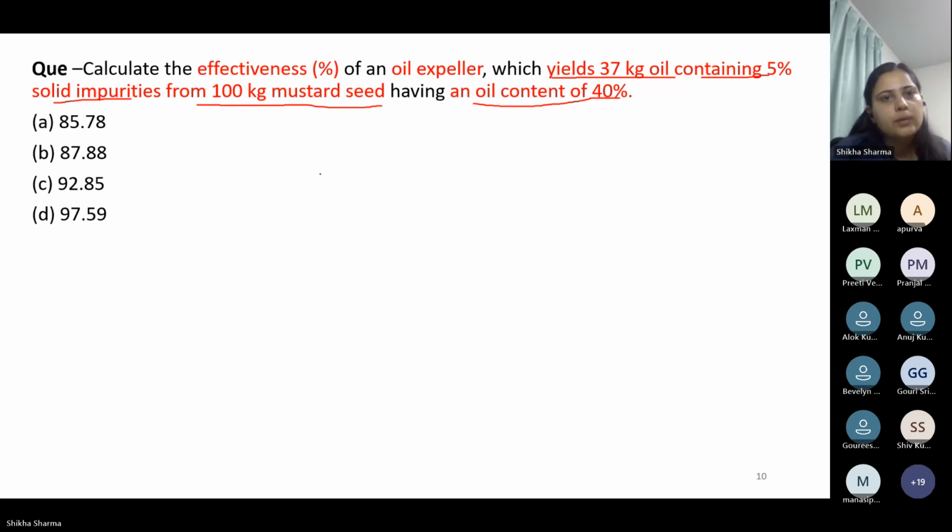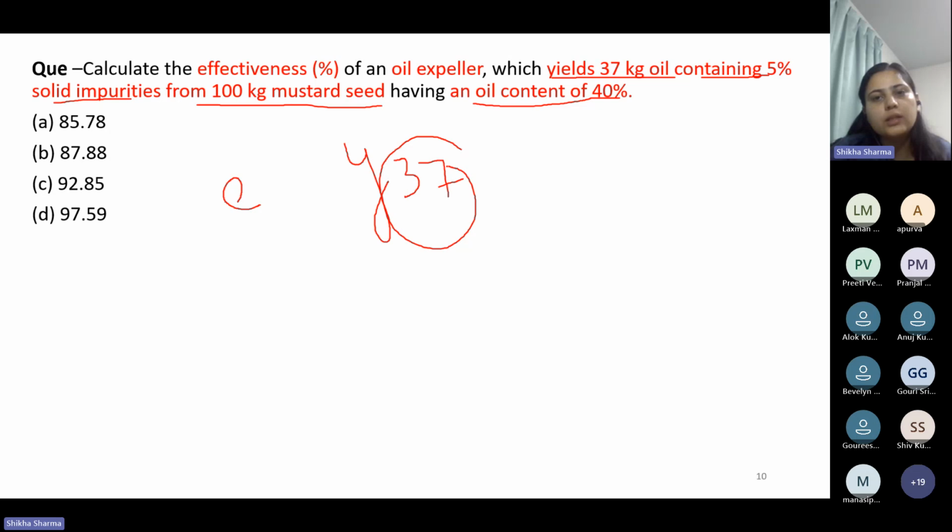We need to calculate the effectiveness of an expeller where the yield is given as 37 kg of oil, and it is having 5% impurities. This 37 kg oil has 5% impurity, and this 37 kg is coming from 100 kg of mustard seed. So our feed of mustard seed is 100 kg, which has 40% of oil.